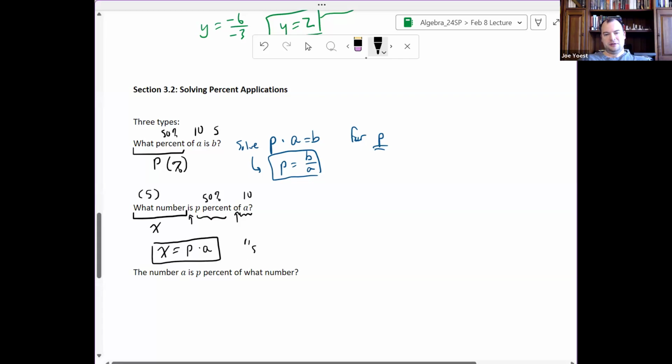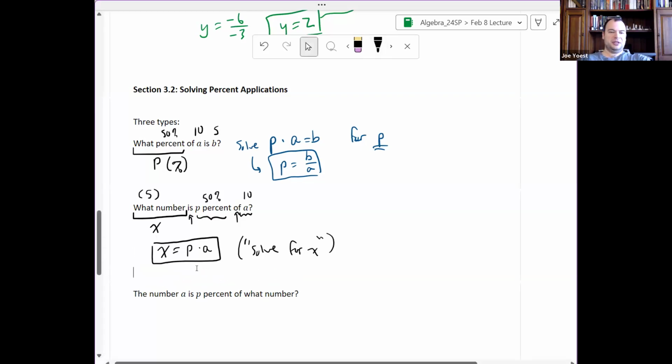I want to solve for X, but it's already solved for X. I just need to simplify the right-hand side. So this is maybe the easiest of the three in the sense that once I construct the equation, I'm basically done. I don't need to do any equation solving steps.